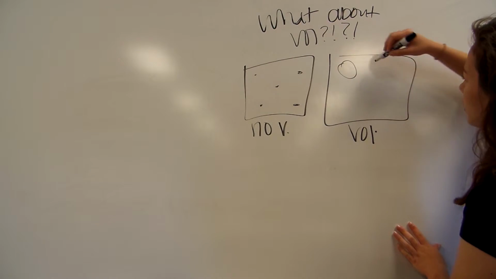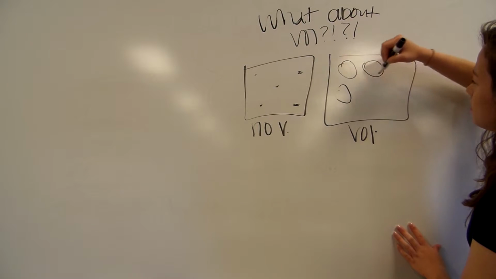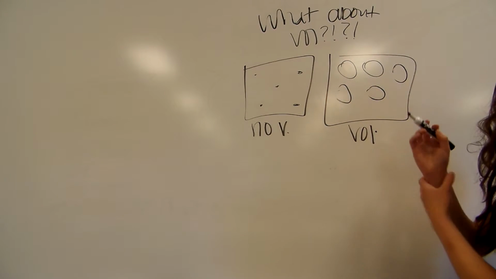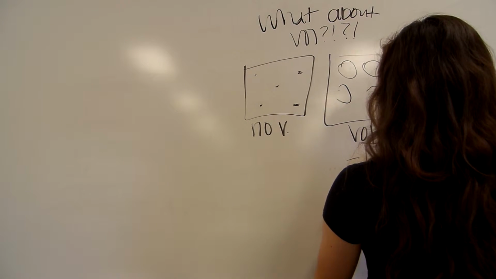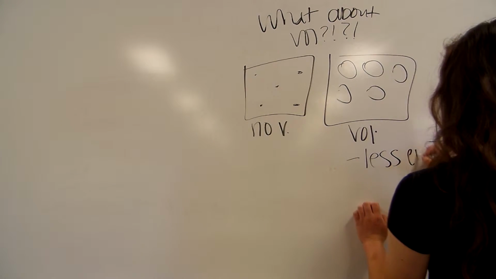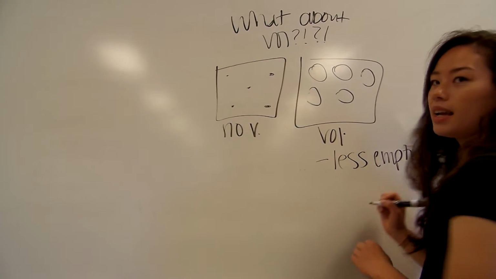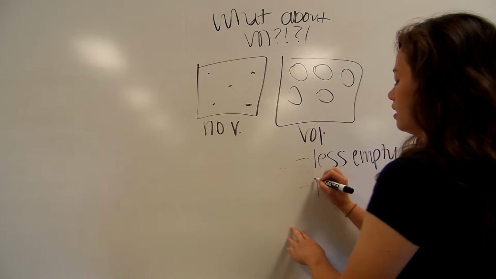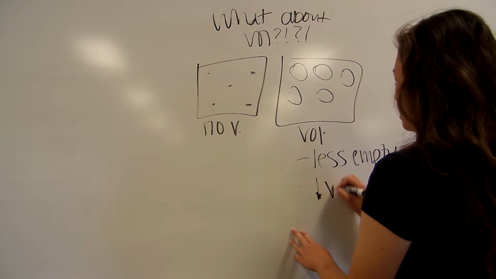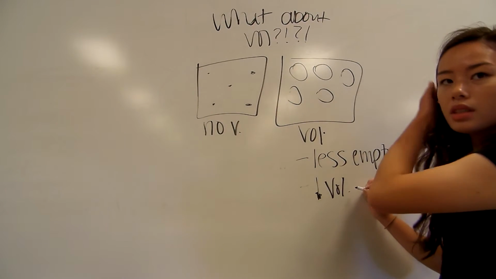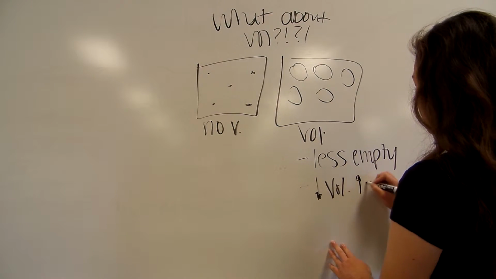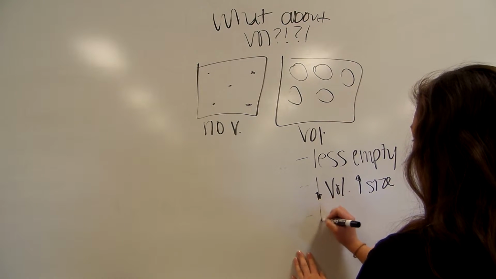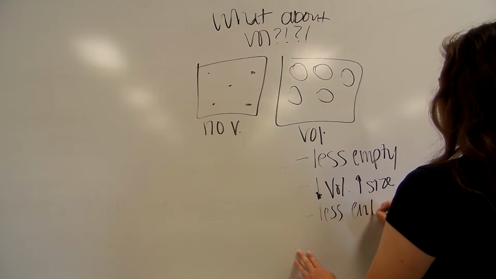But with volume, got these big honkin' molecules, and that means that it is, first off, less empty, and there is a decrease in volume, which is because of the increase in size, and there is less entropy.